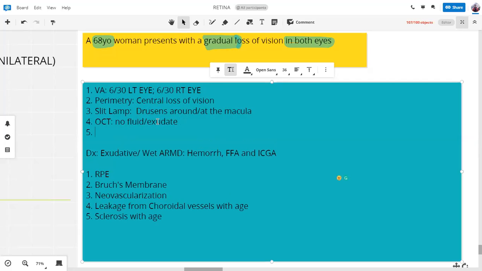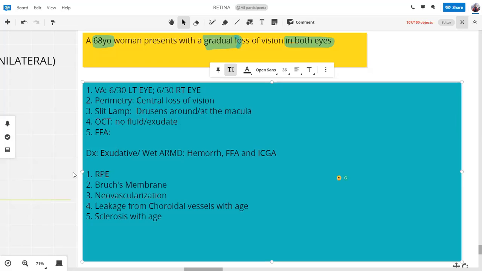Any other investigation you would want to do? FFA. Why is FFA important in making sure of our diagnosis and not any other diagnosis? Why is it needed? Which differentials do we specifically want to rule out with FFA? Which differential is important that we have to rule out properly? Its diagnosis and classification we had done on FFA. Diabetic maculopathy. Diabetic CRVO, maculopathy, okay.